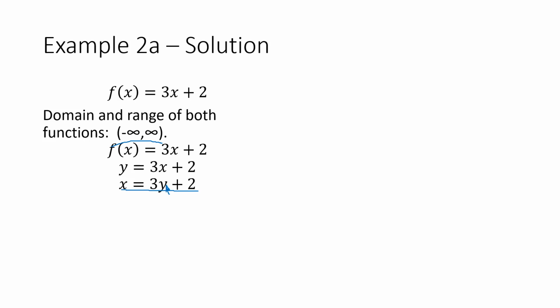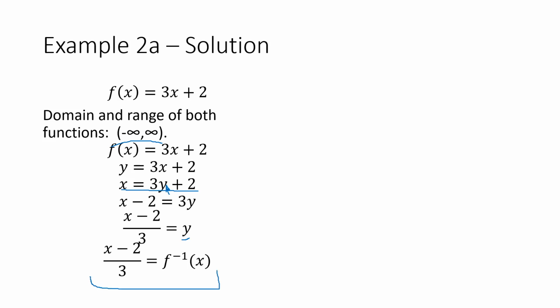We're going to subtract 2 from both sides. We're going to divide by 3. And then we'll replace that y with the f inverse notation. So that is our inverse function. The inverse of 3x plus 2 is (x minus 2) over 3. And if you want, you could simplify that. You could divide both terms by 3 there. You could write that as 1/3 x minus 2/3, which is another linear function.